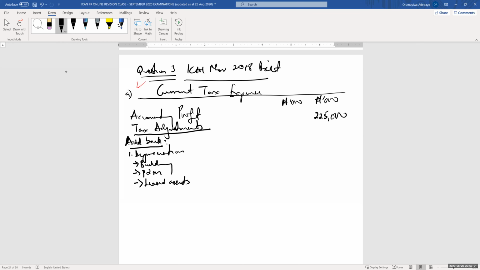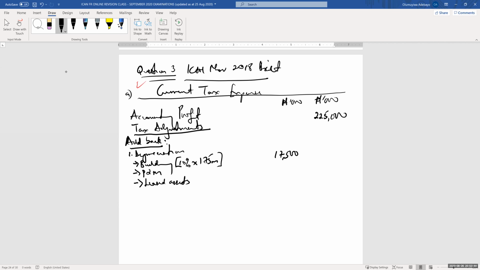Now, from the information given to us, we were told that the building cost 175, and this is the start of the year, and the policy is to depreciate it at 10% on straight line. 10% on the straight line means 100% divided by 10% gives us 10 years, which means the useful life of the building is 10 years, which simply says 10% of 175 million. Or simply put, 175 million divided by 10 years, which gives us 17.5 million per year.